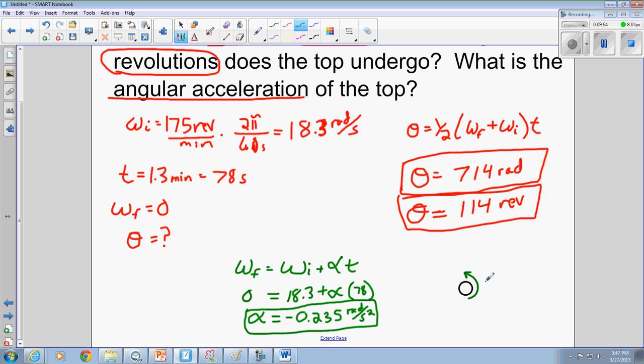So our angular velocity is this way, and our angular displacement is also this way, which is counterclockwise positive. Well, our angular acceleration is negative. Why is it negative? This thing is slowing down and stopping. So angular acceleration is acting in the opposite direction of the other two.